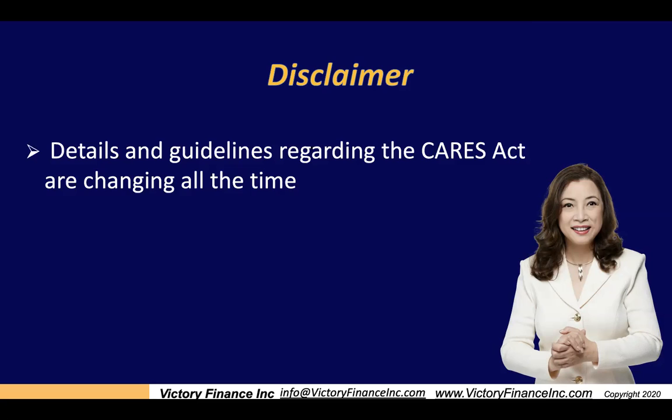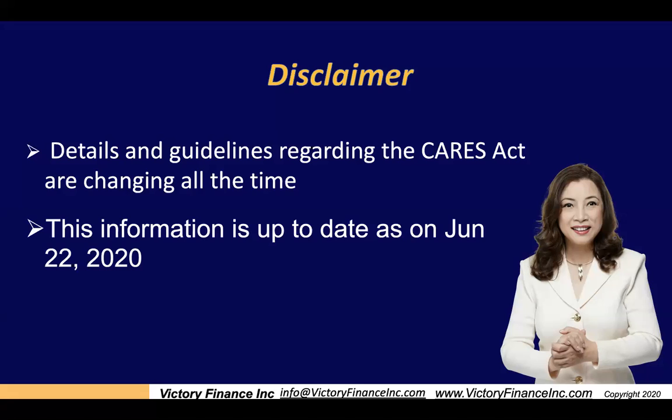So that's why there are more updates. The goal is to help small business owners do better. That's also the change from 8 weeks to 24 weeks with the PPP, because it just was not making sense. So this information is only up to date as of June 22nd, 2020, so since yesterday.